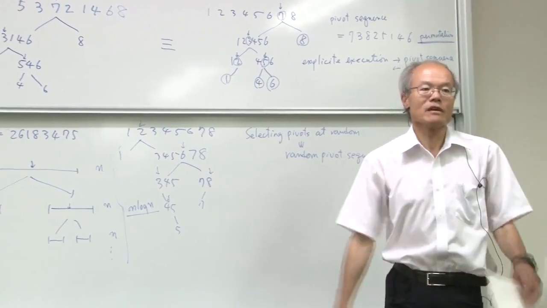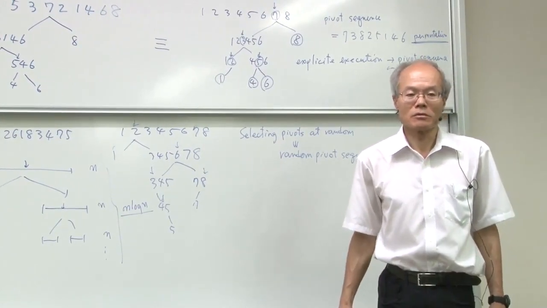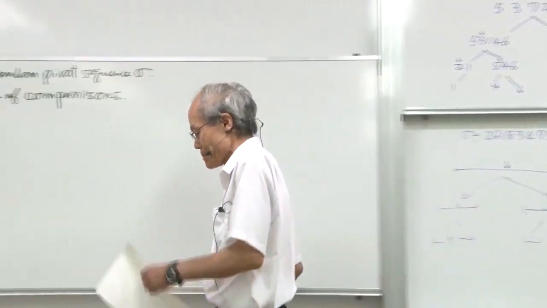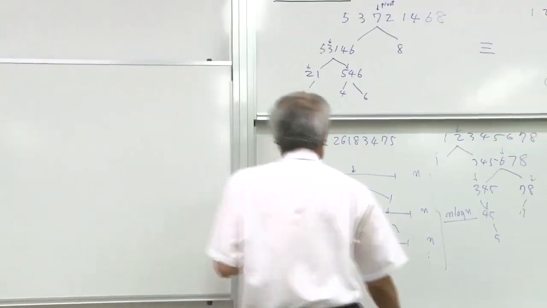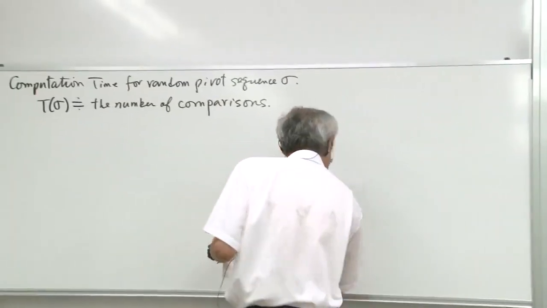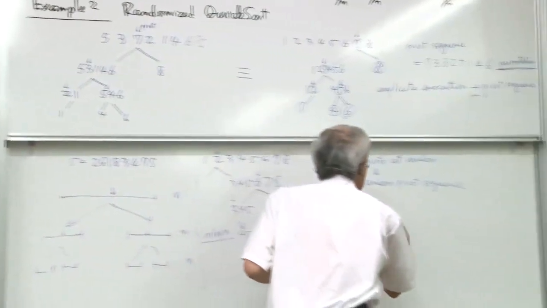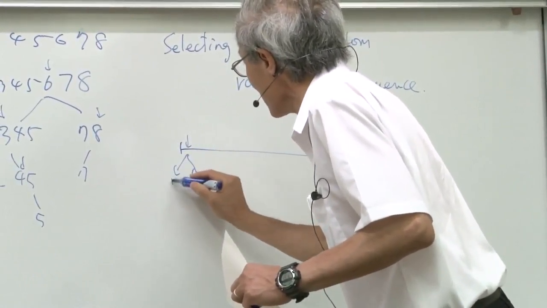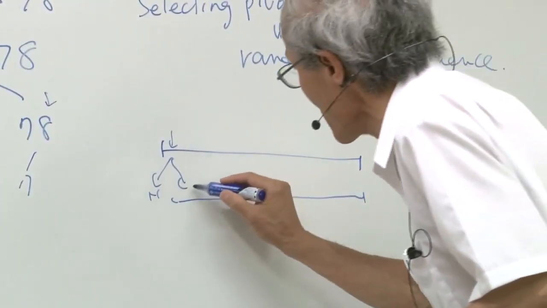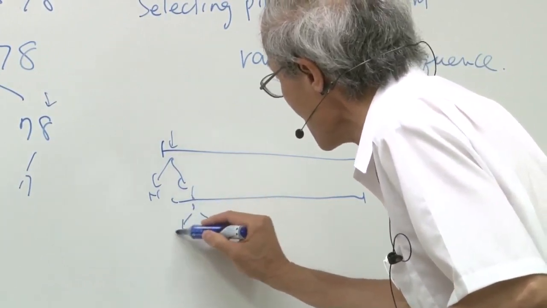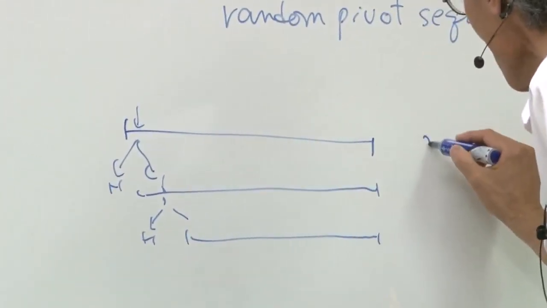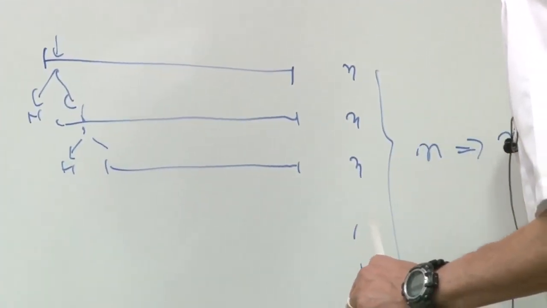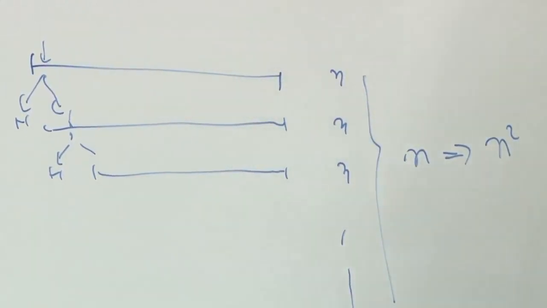So the analysis of quicksort is completely non-trivial. Okay? So the worst case is when the pivot is like here, then one part is very small and the other very long. And again, the pivot is here, then very small and very long. Almost n squared. Yeah.